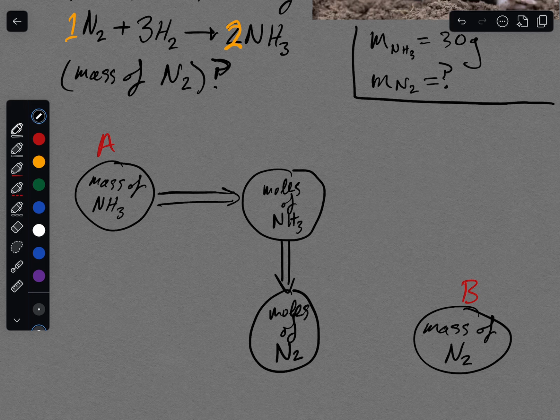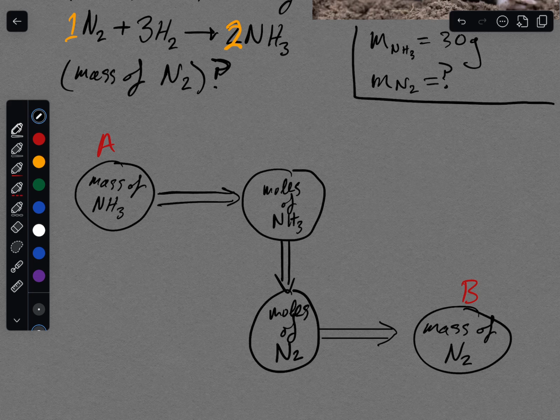Once I get my moles of N2, of my nitrogen, I can then convert back into a mass, and that mass will be the mass we're looking for. That will be the mass of the N2. So we have basically 3 conversions we have to do. And Rachel's method breaks this up into the 3 separate conversions, whereas Jerry's method does it all at once.